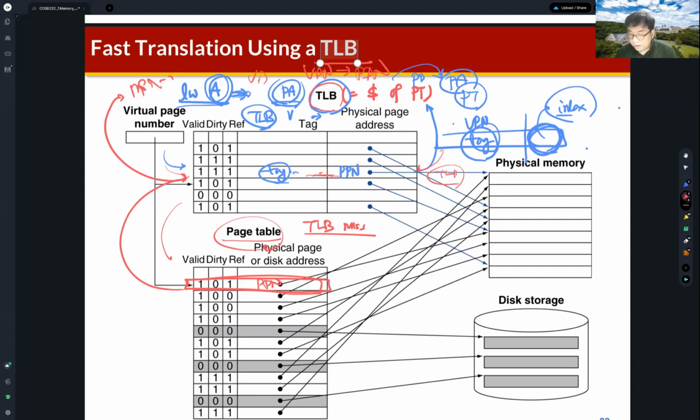That's the TLB idea. Modern processors also support the TLB for this fast translation.